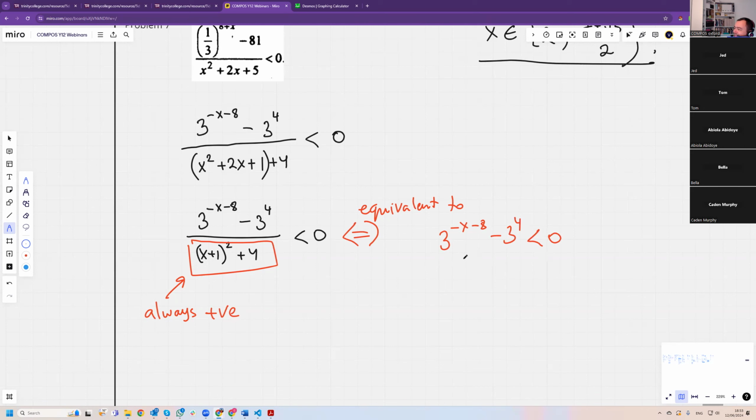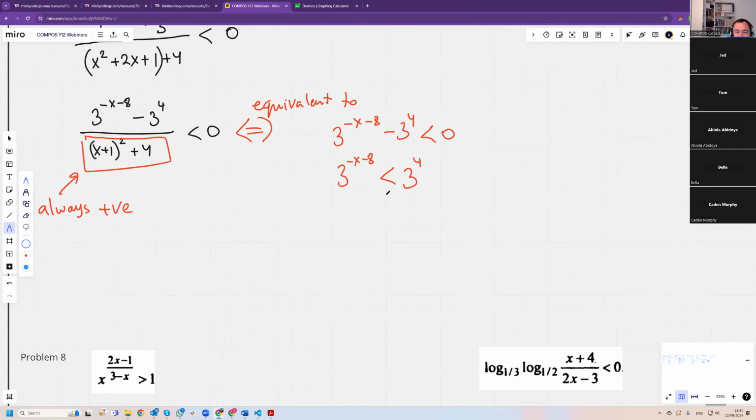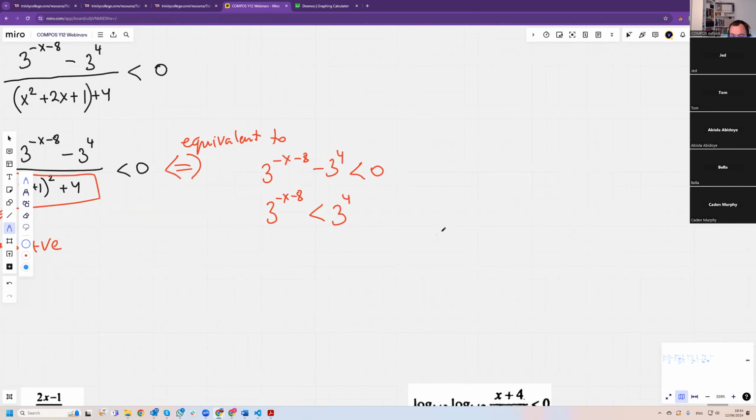And that's easy. So that means 3 to the power minus x minus 8 is less than 3 to the power 4. And because 3 to the power x is an increasing function, that means minus x minus 8 is less than 4.